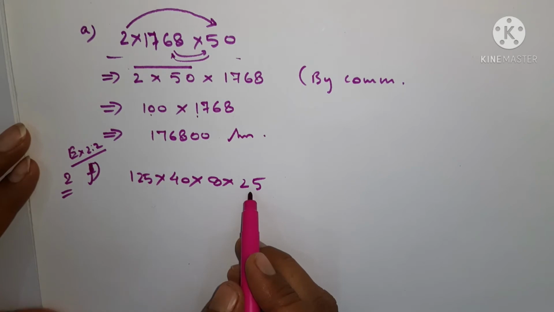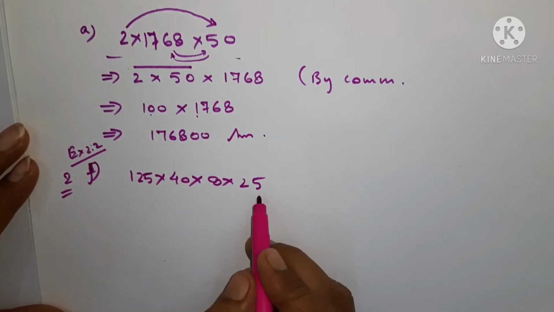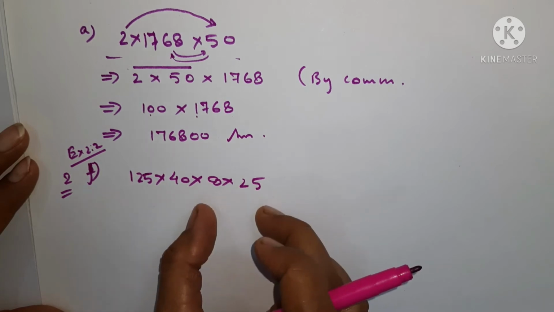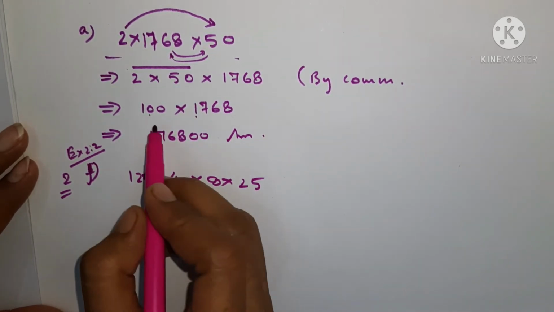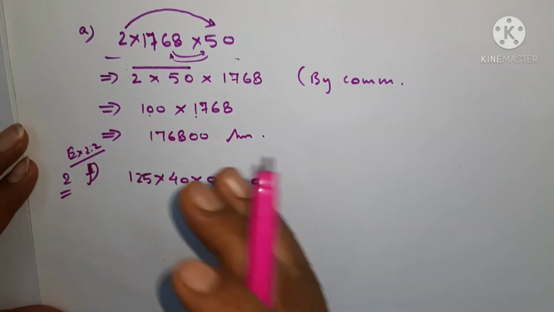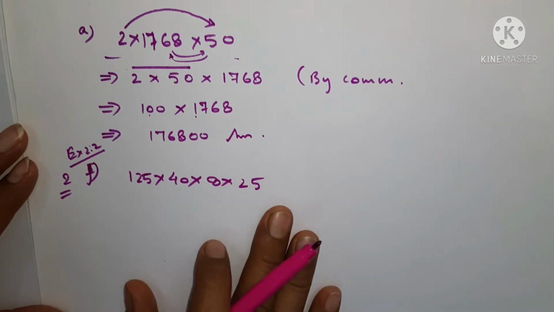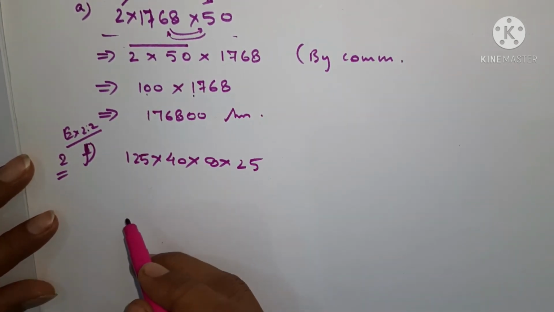There are 4 numbers here, more than 3 numbers as I told you. You have to group in such a way that it will be easier for you to get the numbers in terms of multiples of 10. If more zeros are there, it will be easier. So find out which numbers are going to give you more zeros.